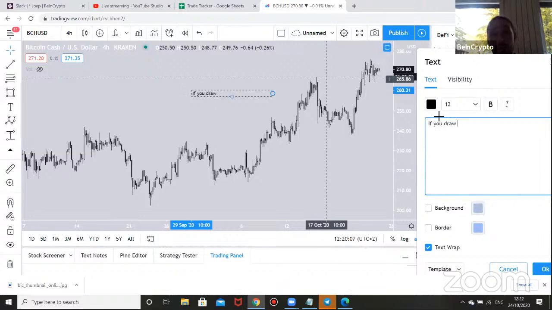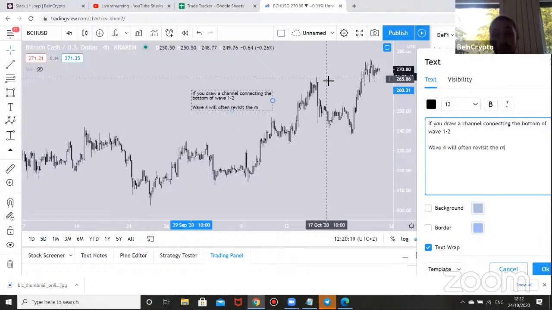If you draw a channel wave 1 and 2, wave 4 will often revisit the middle of that channel.